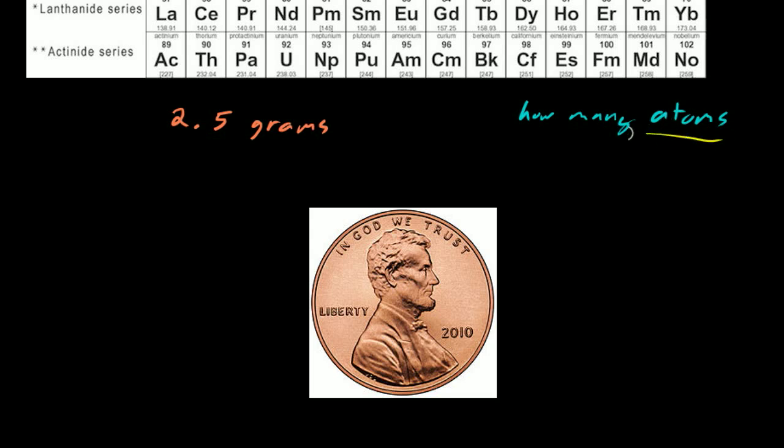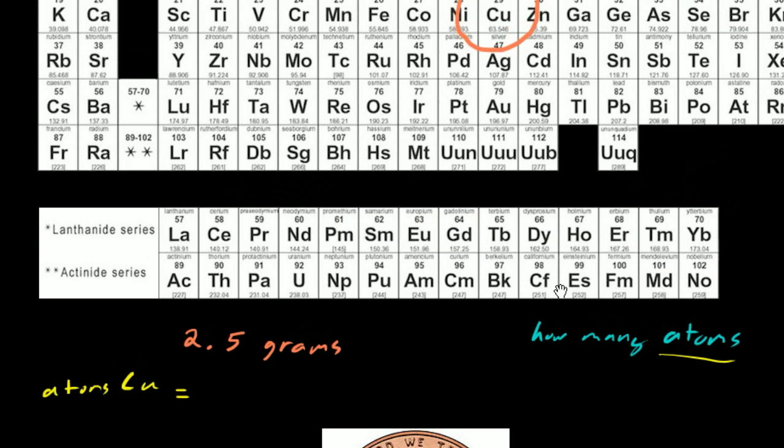I'm going to start with atoms. So I'm going to say atoms of copper, and it does matter because we're talking about mass, so we could say atoms of Cu, which is the symbol for copper, is going to be equal to, and let's start out with the mass of a copper atom.